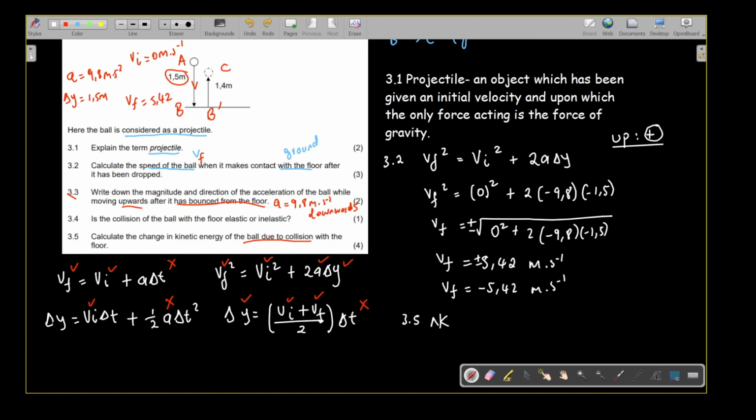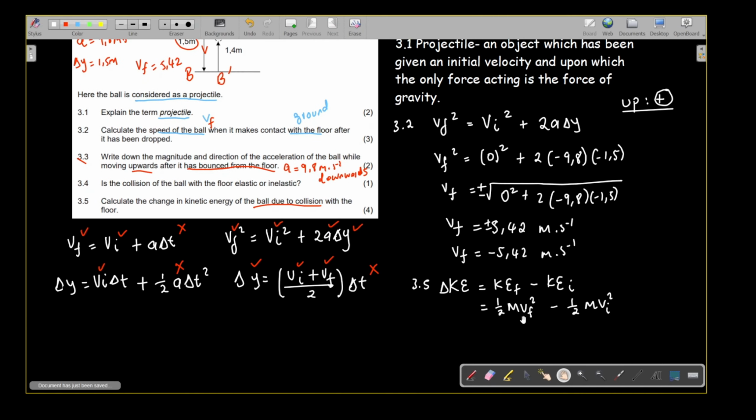So when you say change in kinetic energy, we're going to be saying kinetic energy final minus kinetic energy initial, which means half mv squared final minus half mv squared initial.